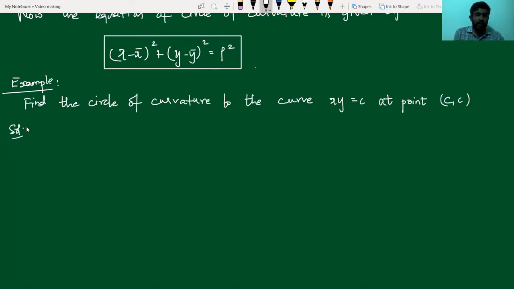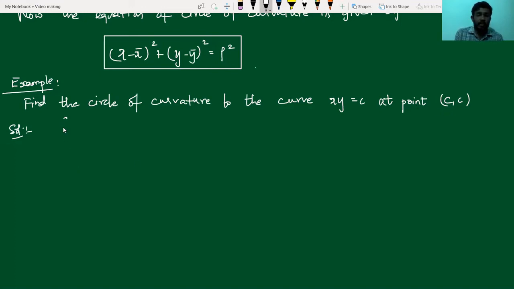Moving to the solution, we know that the circle of curvature is given by x minus x bar whole square plus y minus y bar whole square equal to rho square. In order to find x bar, y bar and rho, we need the values of the derivatives y1 and y2 at the given point.